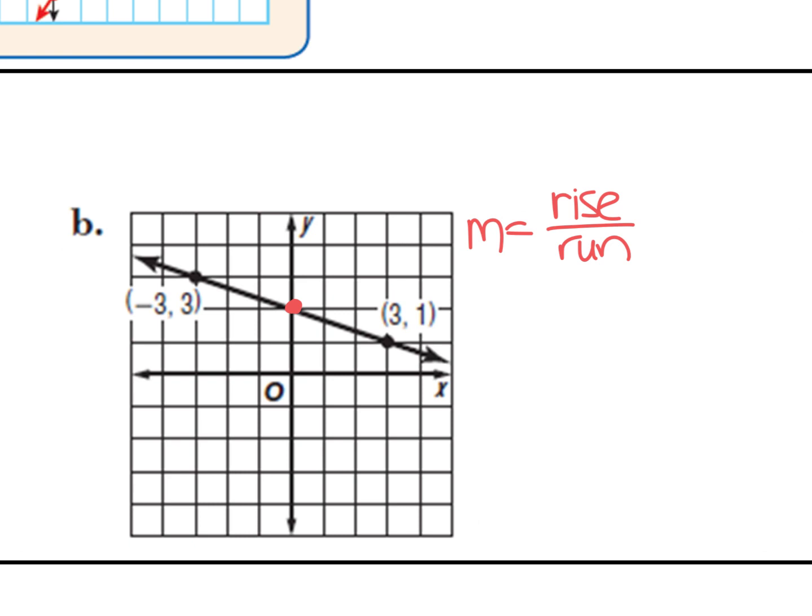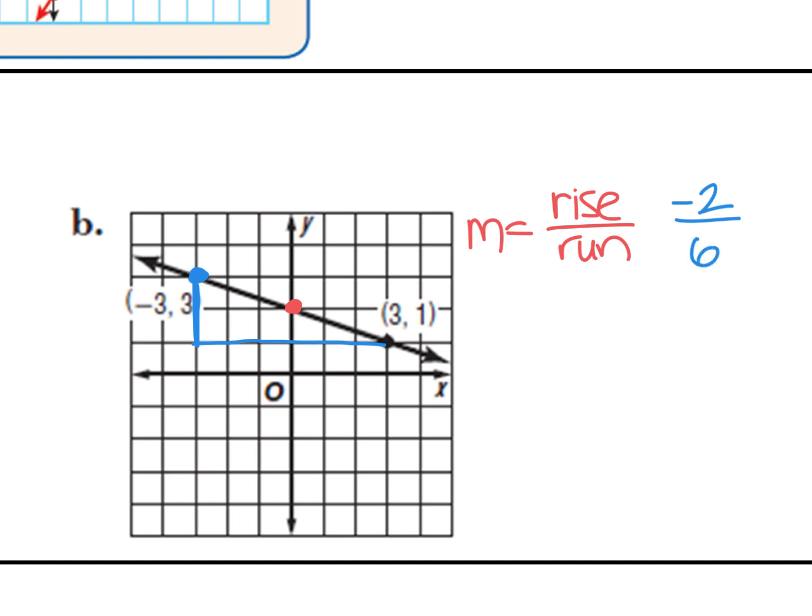So I'm going to start with the point on the left here, negative 3, 3. My rise, I go down 2. So I'm going to make that a downward direction, going in the negative direction. And then I go to the right 1, 2, 3, 4, 5, 6 to get to that point.